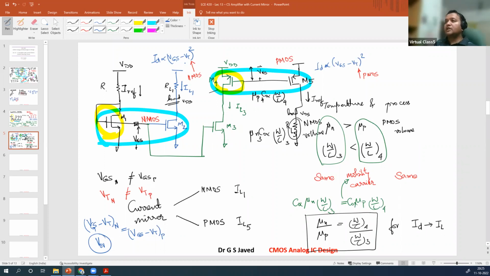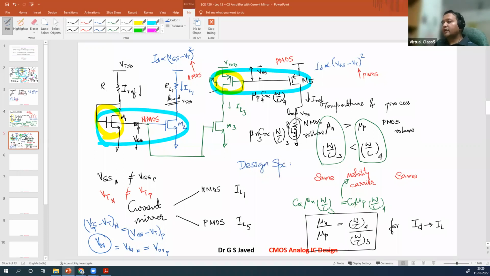It is dependent on the difference between the two. So if you can maintain VOV constant, if you can make VOVN the same as VOVP, your current can be the same. So that is another trick or design space that you will have.